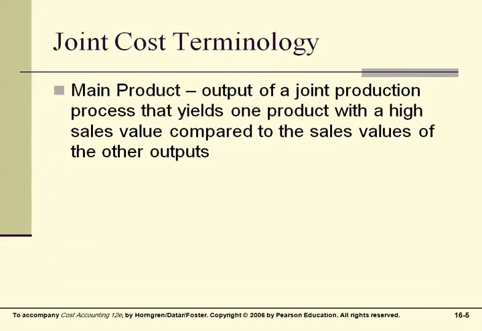Main product is the output of a joint production process that yields one product with a high sales value compared to the sales value of the other outputs.